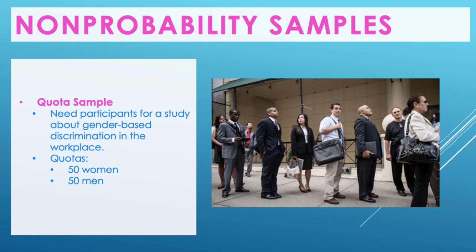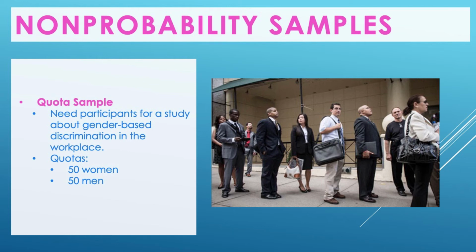And we only had enough resources to interview 100 people, but we wanted our sample to accurately reflect the true gender population in the United States, for example. So we want an equal number of men and women. We want 50 women and we want 50 men to participate in our study.